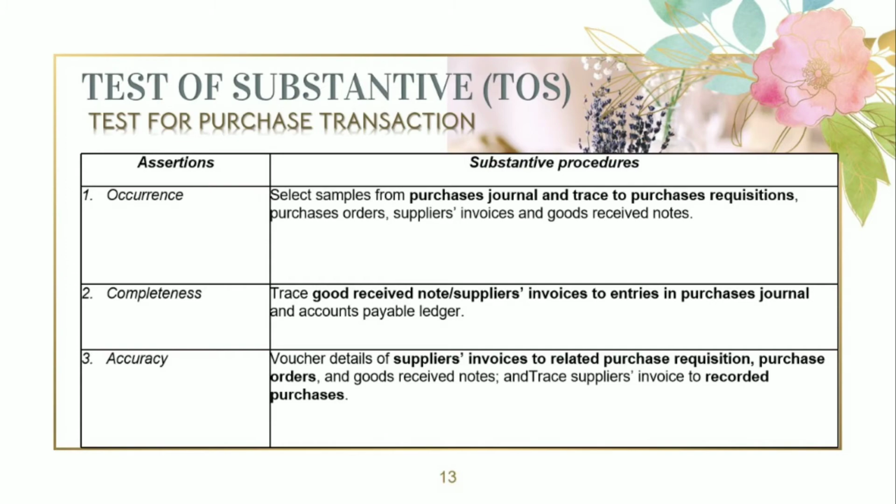For completeness, trace goods received notes and supplier invoices to the entry in the purchase journal and accounts payable ledger. For accuracy, compare voucher details of the supplier invoice to the related purchase requisition, purchase order and goods received notes, and trace the supplier invoice to the recorded purchases.